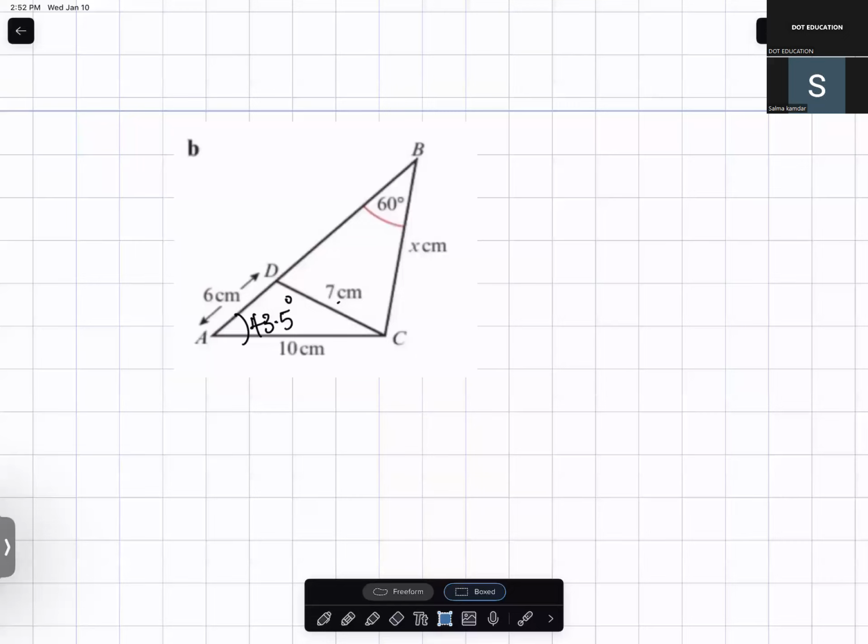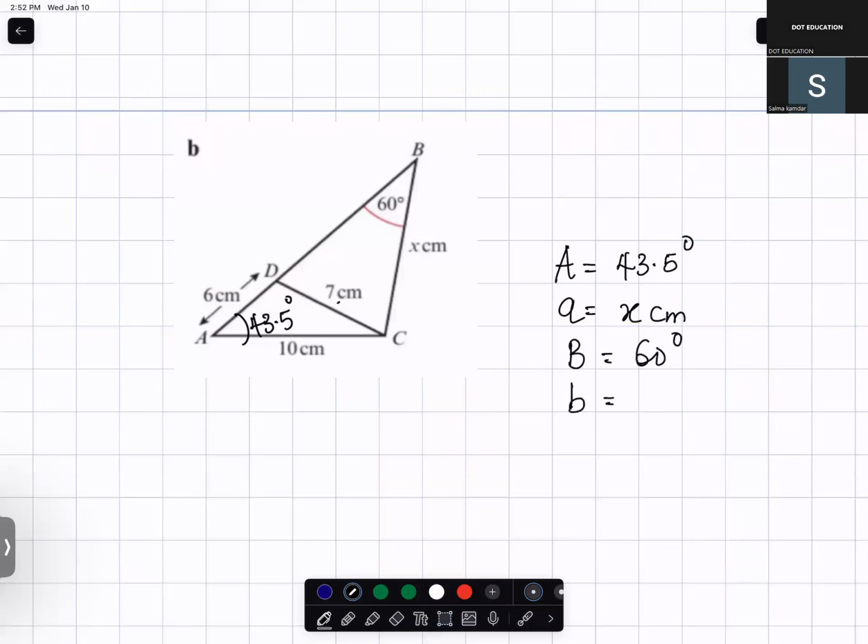We have A as 43.5 degrees, and A as X cm. We have B as 60 degrees and B as 10 cm.